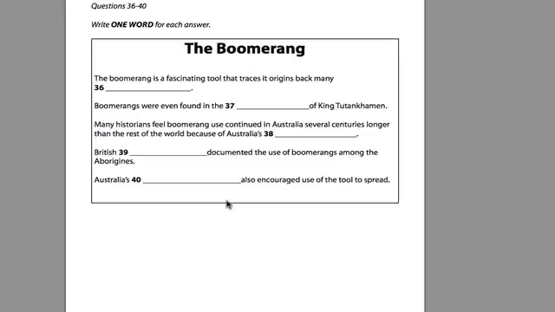Boomerang use itself goes way back and has its roots in some surprising places. From 30,000 years ago in southern Poland, to the boomerangs found lining King Tutankhamun's tomb, to British documentation of boomerang use among Australia's Aborigines in the 1800s. The boomerang has a long history. So an obvious question is why the boomerang has become so uniquely associated with Australia when it has so much history in other places?